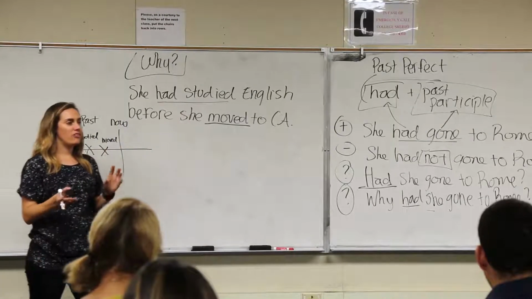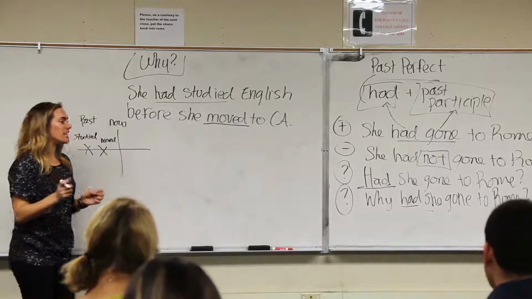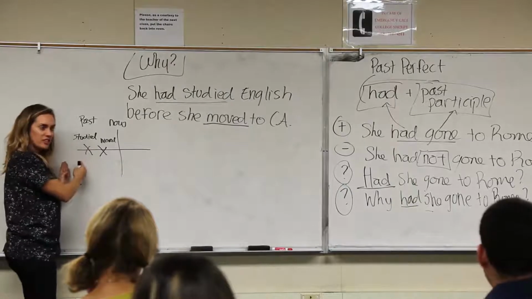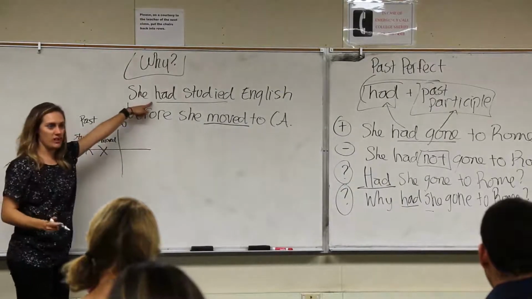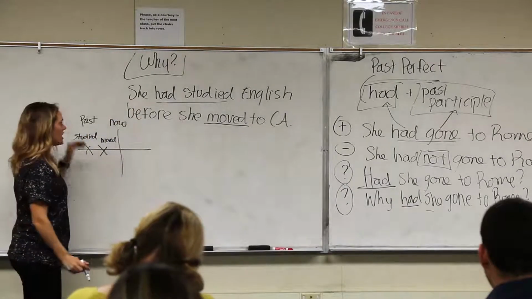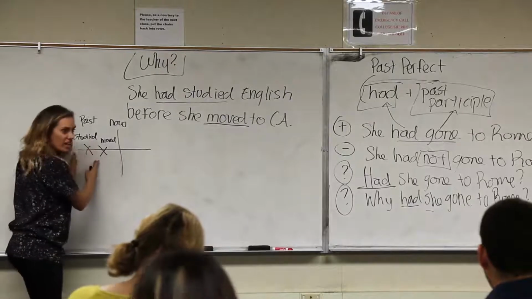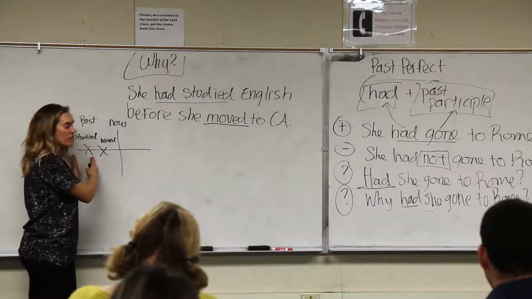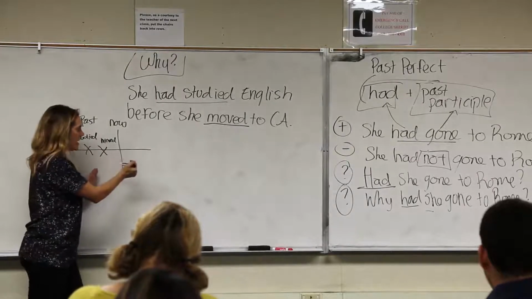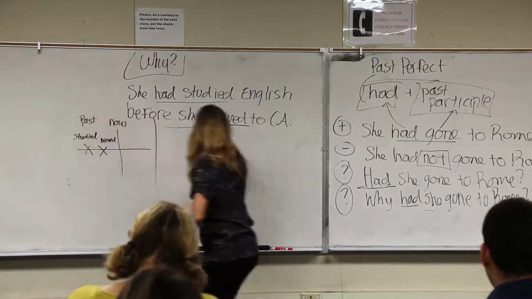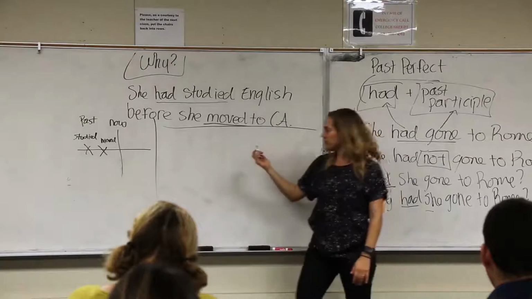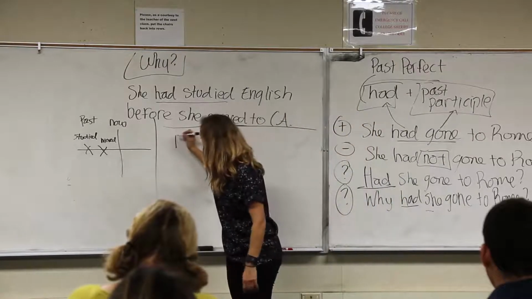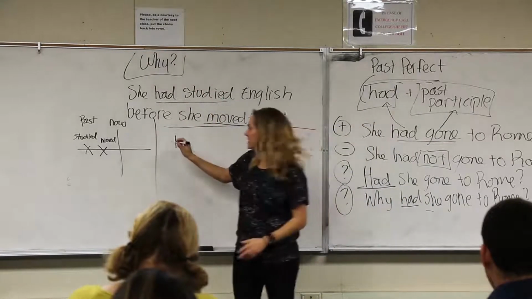But if you want to make it really clear that this one happened first, that's when you use the past perfect, okay? So you say, she had studied before she moved. This clearly happened first, and then that happened second, okay?